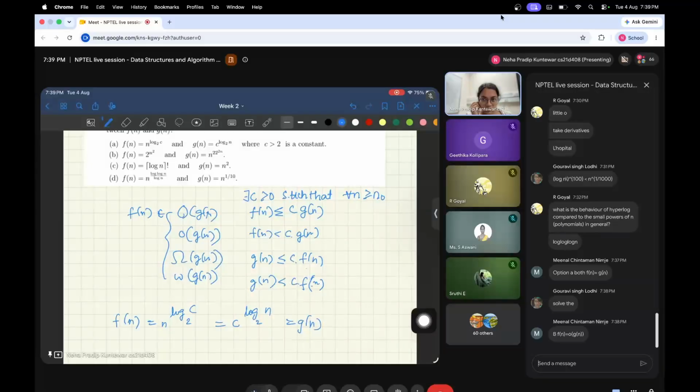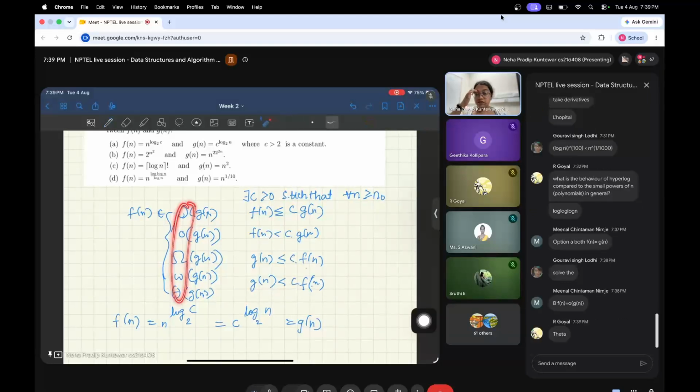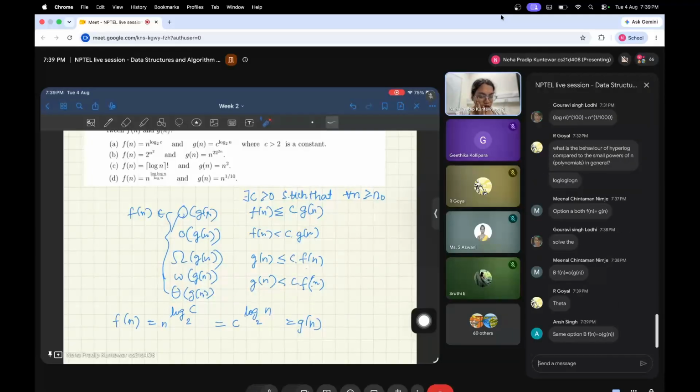So indeed they are the same functions. And there's also theta, right? So in terms of these five quantities, you have to choose the one which is correct, I mean, which is tight.